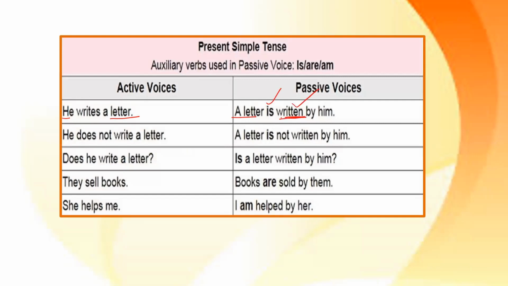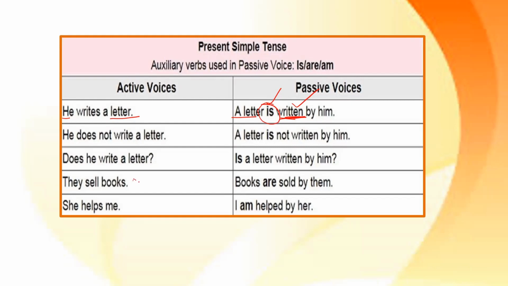You could clearly observe there it is writes, and now in passive voice, write, wrote, written. It is in past participle form. As I have just explained you, in passive voice, the main verb should be always in past participle form. And the helping verb is in simple present.